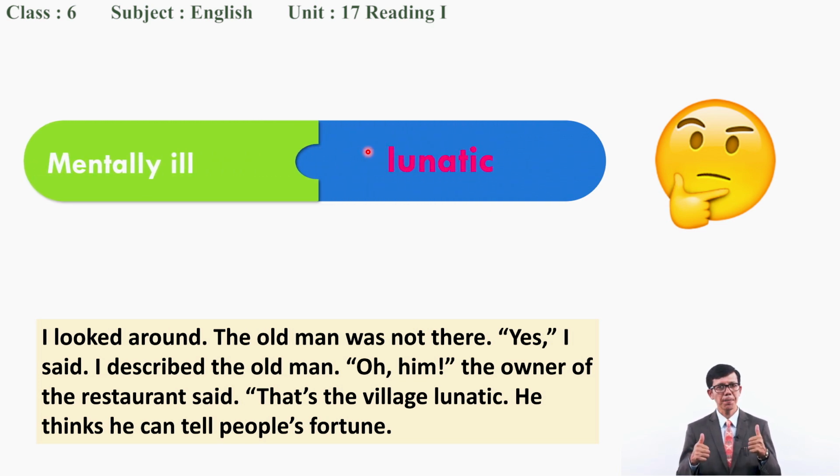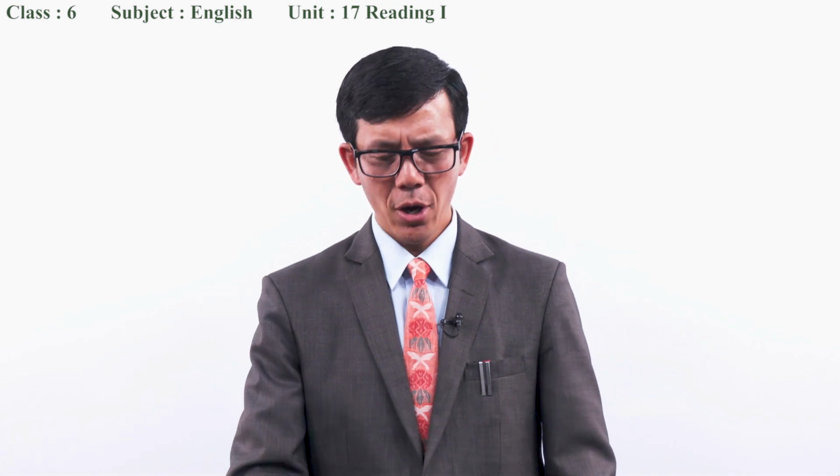Right, my dear students? In this way, you have found all the words with their similar meanings from the story. I guess all of you are familiar now with the words and their similar meanings. After this, we have another very interesting exercise. You have to choose the right answer from the given alternatives.